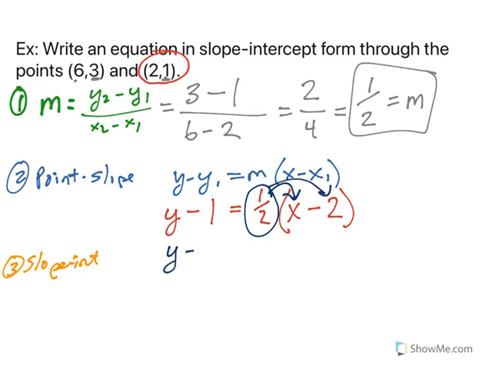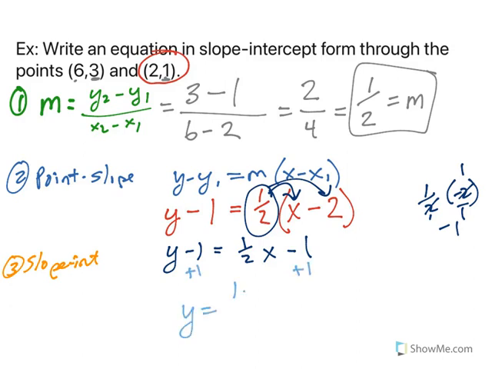So I'm still going to have y minus 1 on the left, but when I distribute the 1/2, 1/2 times x is 1/2 x, and then 1/2 times negative 2, so minus sign and a negative are the same. The 2's will reduce, and I'm just left with negative 1. So 1/2 times negative 2 is negative 1. Now, to get y by itself, I'm going to add 1 to both sides, and y equals 1/2 x, because the 1's on both sides cancel out.